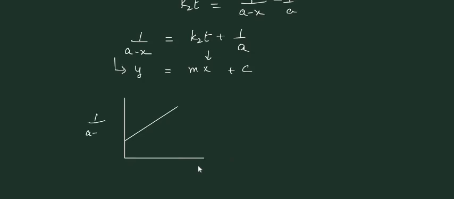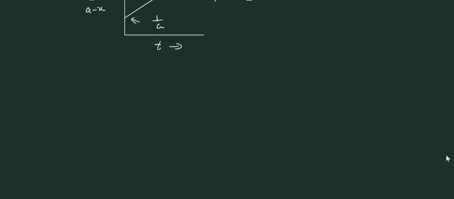Here 1 by A minus X, here T, slope is K2 and y-intercept is 1 by A. Fourth characteristic is T half is inversely proportional to initial concentration.